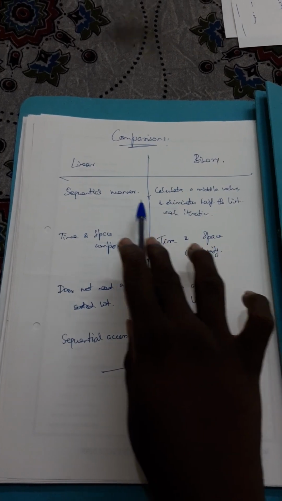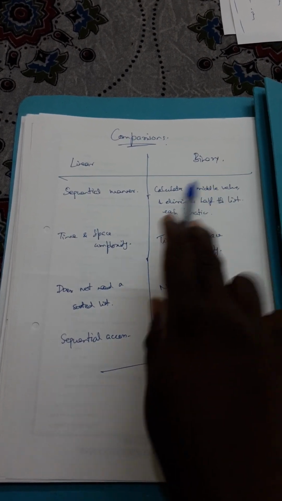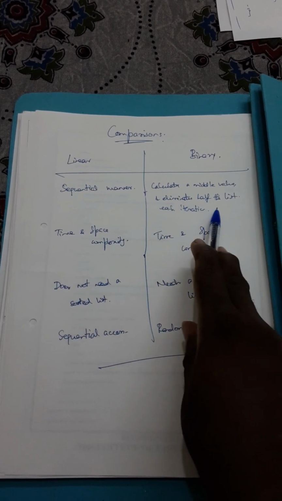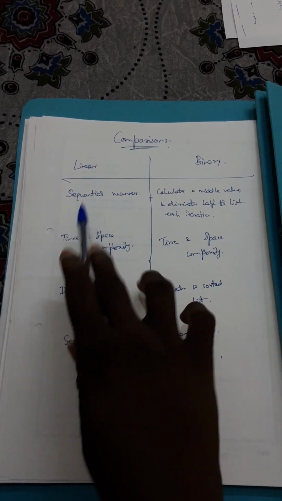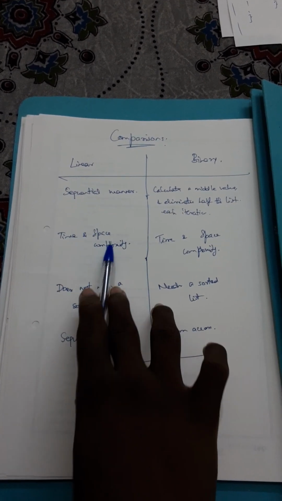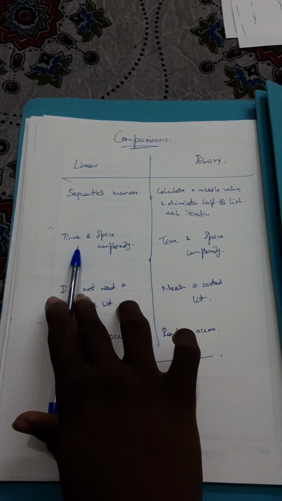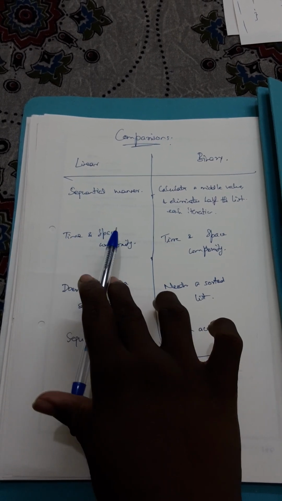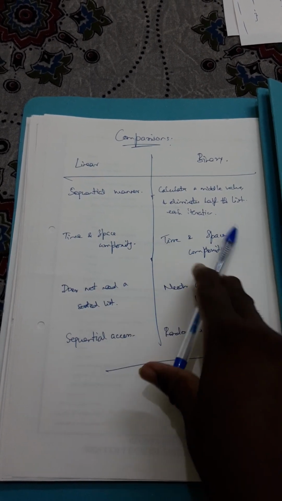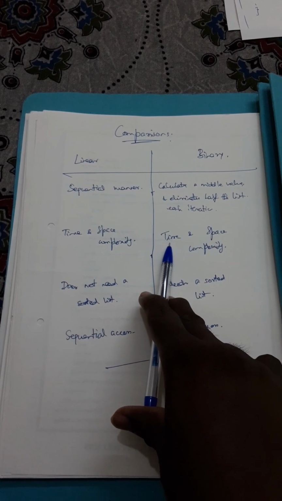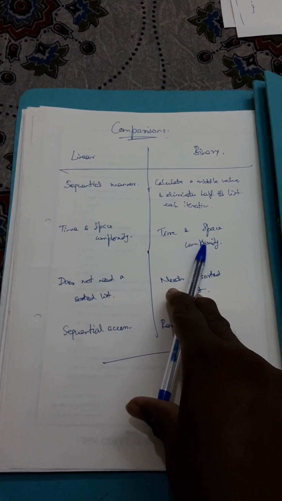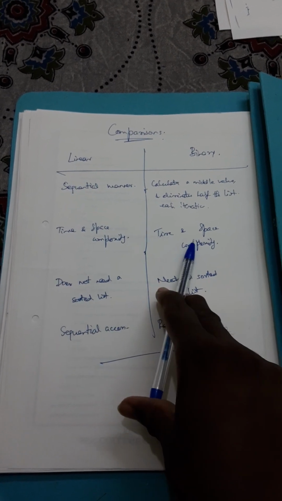Binary search calculates the middle value and then eliminates half the list after each iteration. Then for time and space complexity: time complexity is big O of n for linear search, and big O of log n to the base 2 for binary search, but space complexity in both cases is big O of 1.